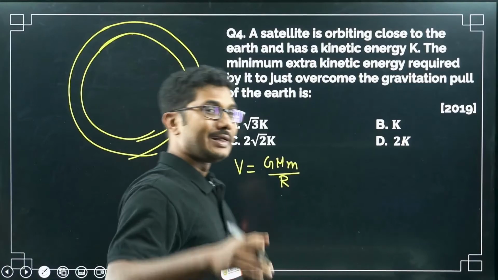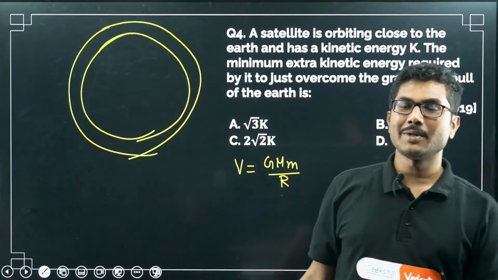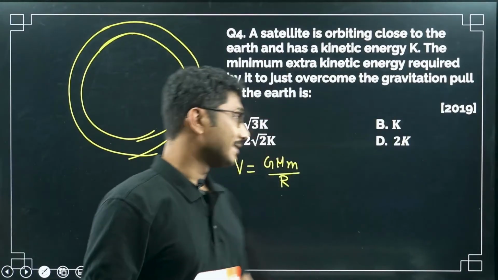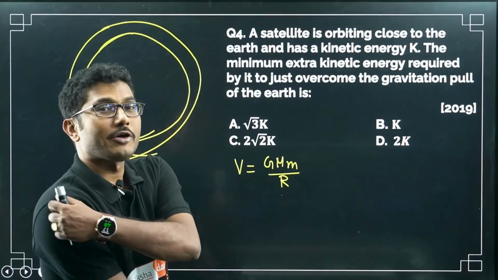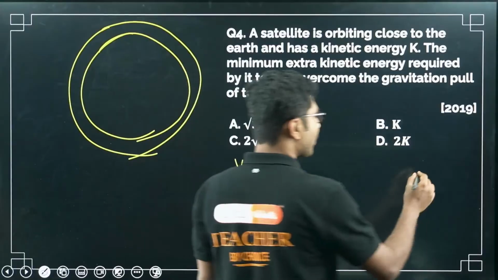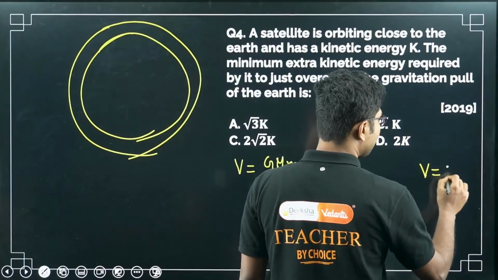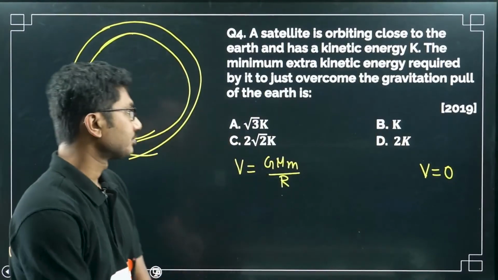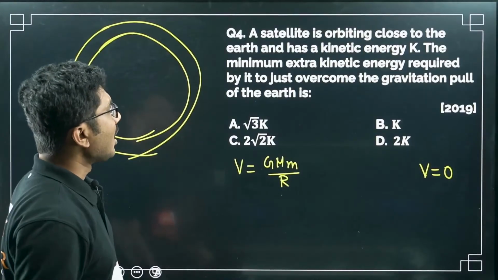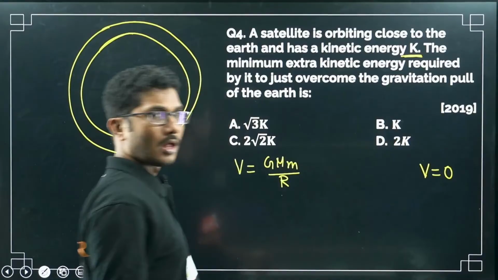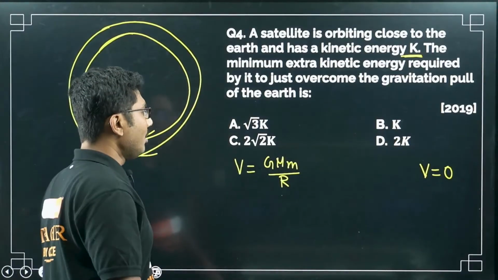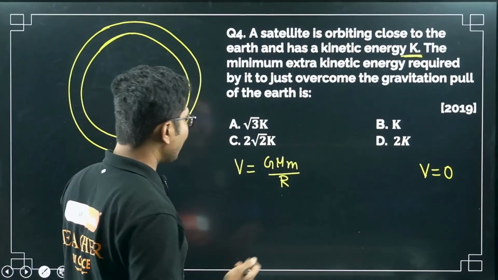Now when it goes to the maximum distance, at that point of time, what is the potential energy? At that point, potential energy will be 0, right? So at this point the kinetic energy is given by K. Now we know, what is the work done in this case?